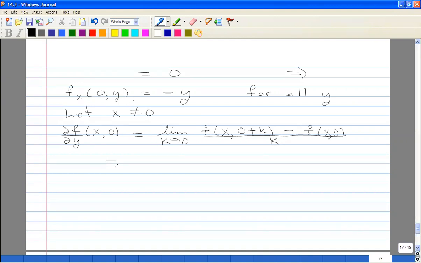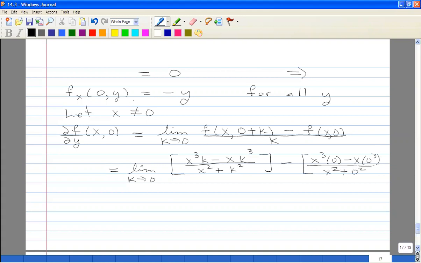So this is equal to the limit as k approaches 0 of x cubed y, which is k, minus x y cubed, which is k cubed, over x squared plus y squared, so k squared, minus plug in 0: x cubed 0 minus x 0 cubed over x squared plus 0 squared, all divided by k.